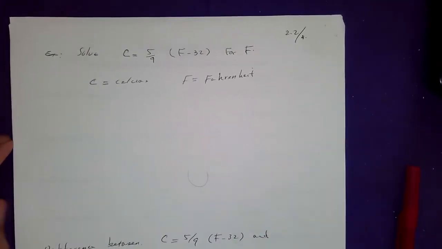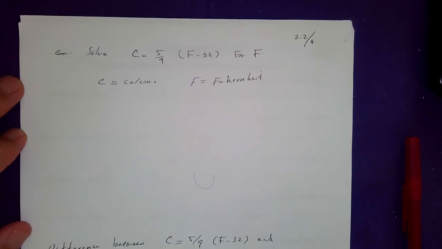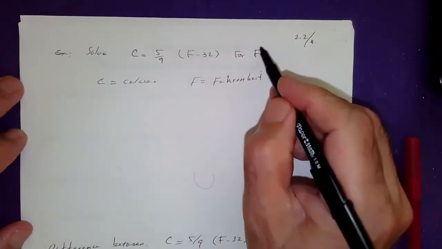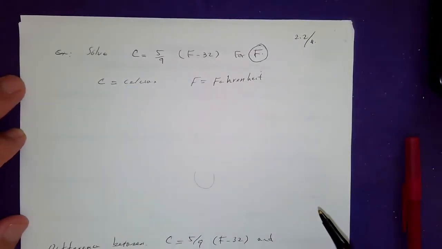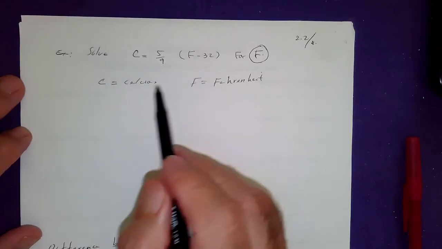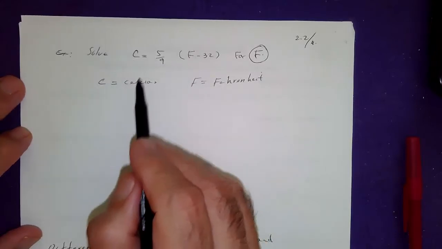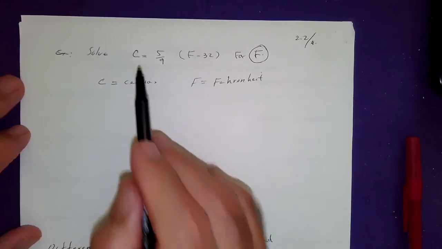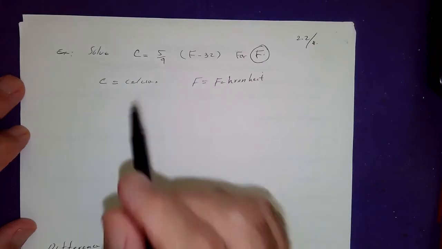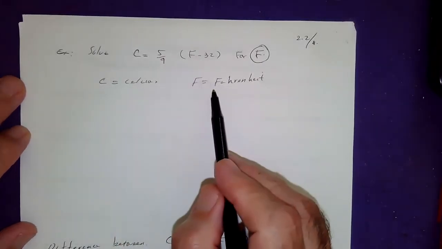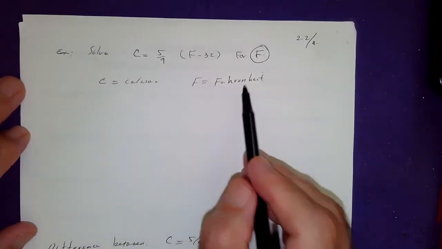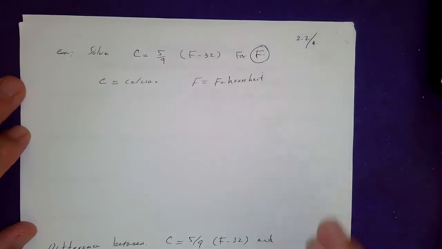Finally, we got this formula. C is equal to 5 over 9 times the quantity f minus 32, solve for f. Just to give you a background, this is Celsius, a unit of measurement for temperature in the metric system. And this is Fahrenheit. This is how we measure temperature in this country.